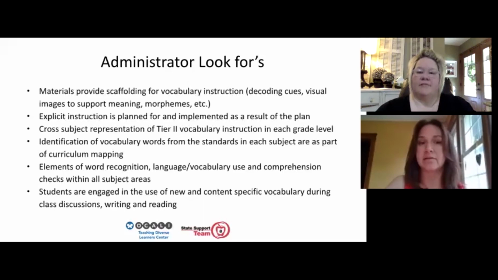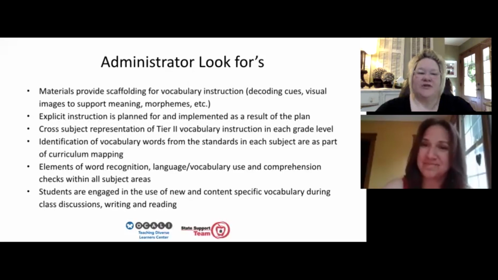This is active in reading, writing, discussion. All of that is helping them make meaning. So, administrators, you have a lot to look for, and collaborate with your coaches on, if you do see something, that coach can support these pieces with your teachers.